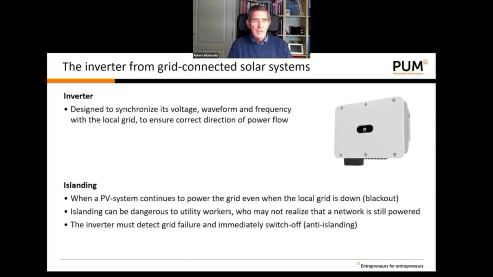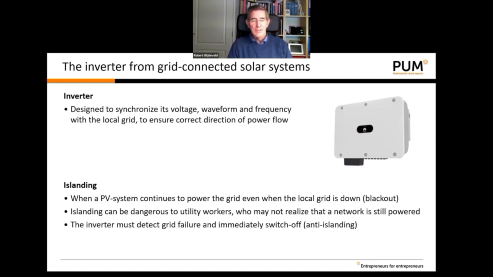Also, an important feature is islanding. This is when an inverter or a PV system continues to power the grid, exporting solar energy into the grid, even when the local grid is down, if there's a blackout. There can be safety issues, because the utility workers switch the utility grid off so they can work safely on the network.